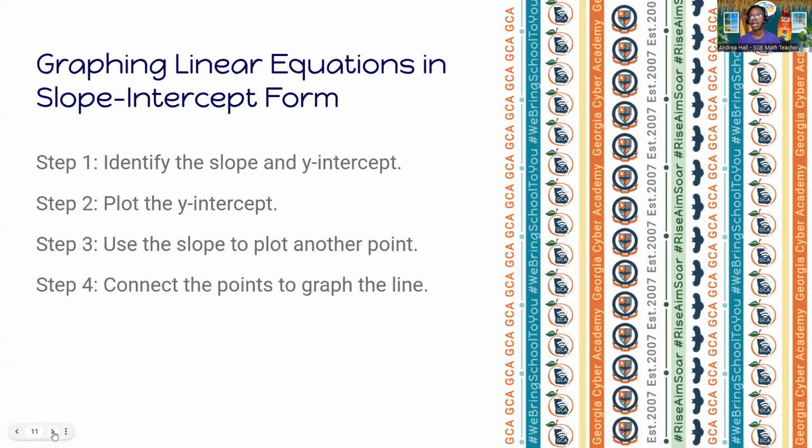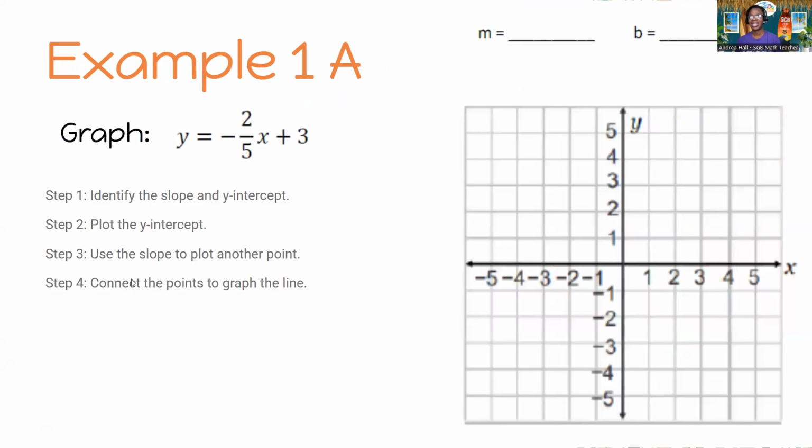And step 4, connect the points to graph the line. Those are the 4 steps. Again, pause the video, write it down. Welcome back. You see the steps again in case you did not get to write them down and did not pause the video. All right, let's get started with this part.